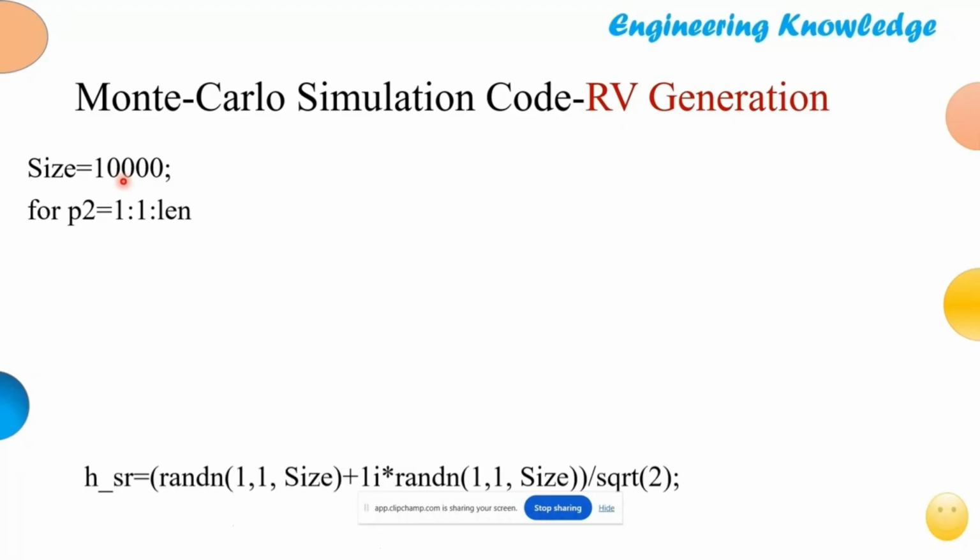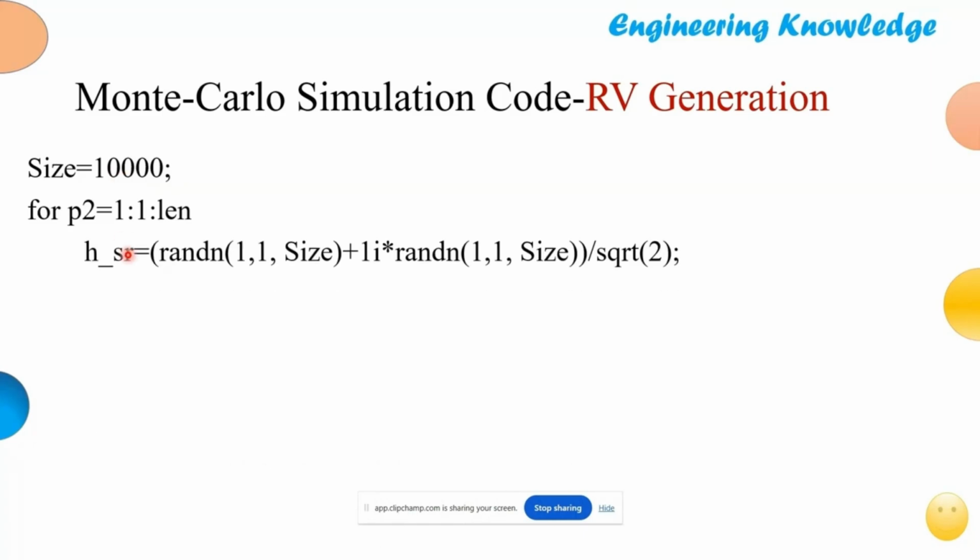So we'll use a for loop, and we'll first define h1 or h_SR, which is randn(1, size) plus 1i times randn(1, size), divided by square root 2. This is my exponential Gaussian random variable.